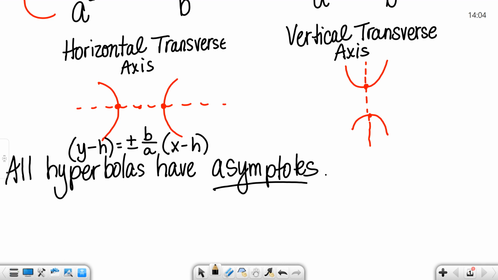That's just the point slope form of a line. I'm sorry, this should be a k, not an h. Y minus k is equal to plus or minus b over a times x minus h.